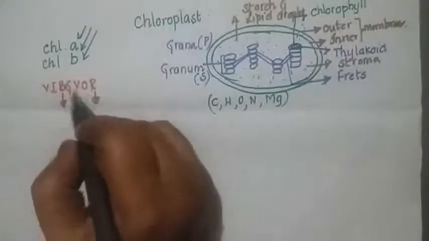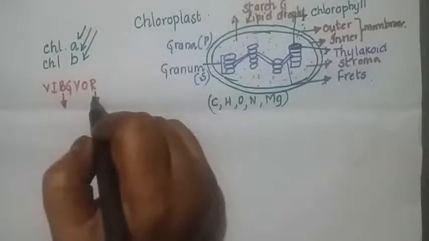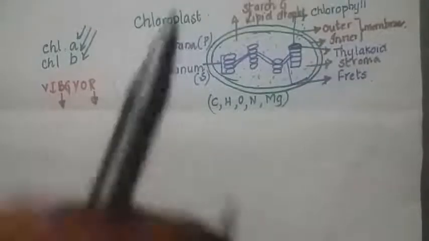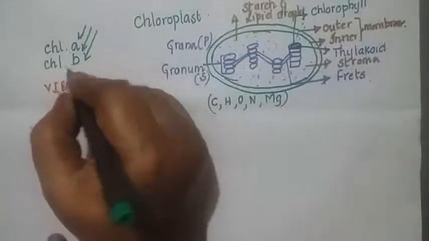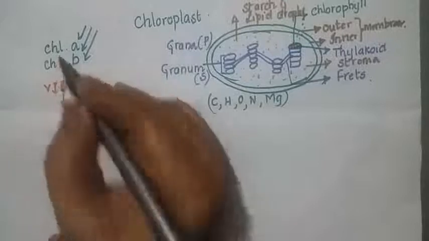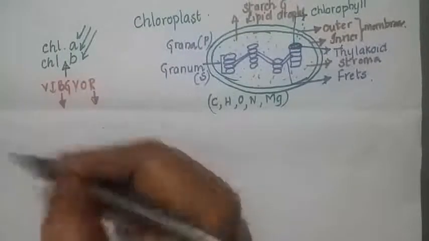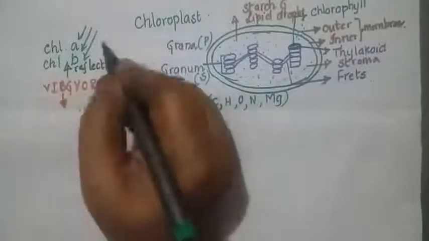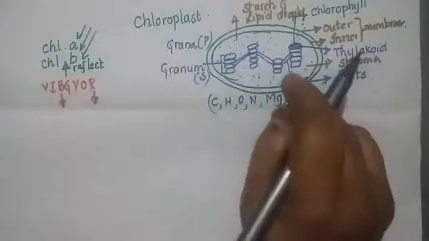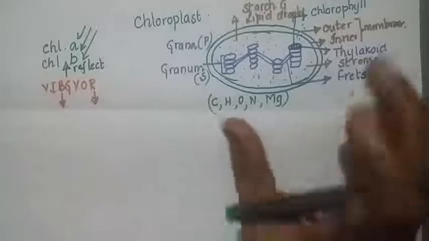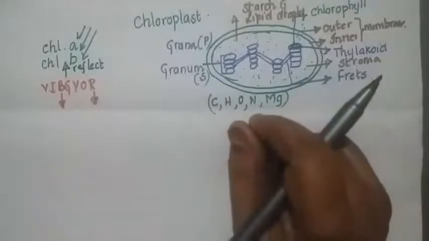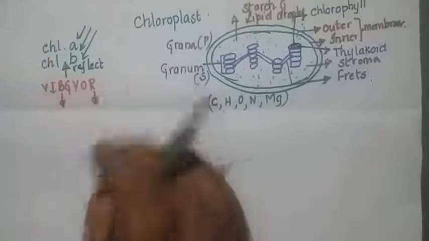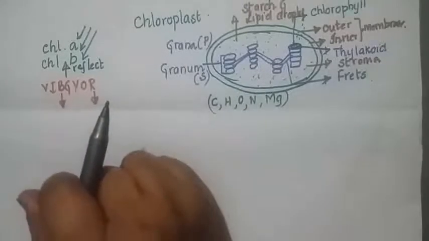So these 2 wavelengths are absorbed by the chlorophyll, and it emits the green color, or you can say it reflects the green color, and because of that reflection of the green color, it actually appears as a green color. So this can be an expected reason why the leaves are green in color.